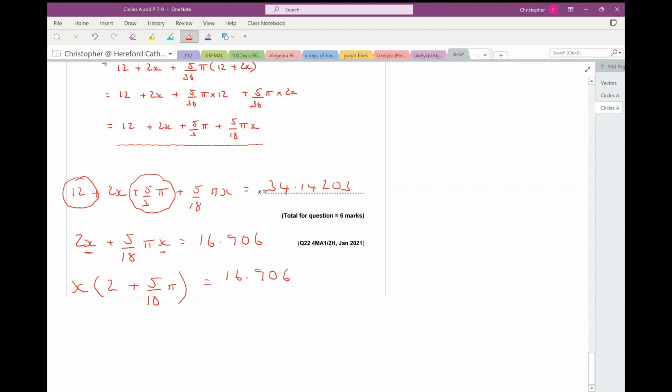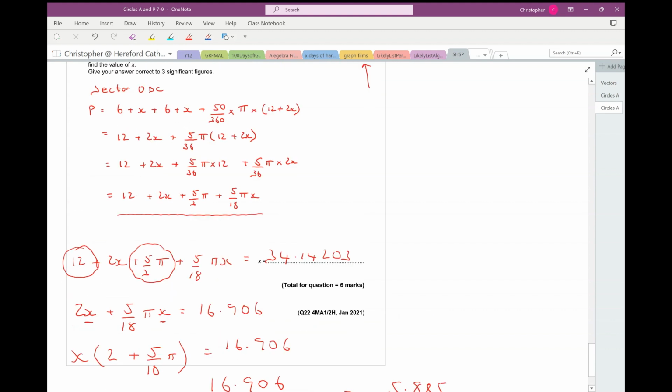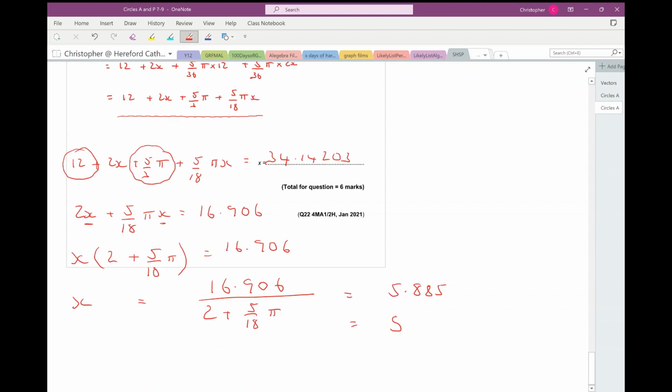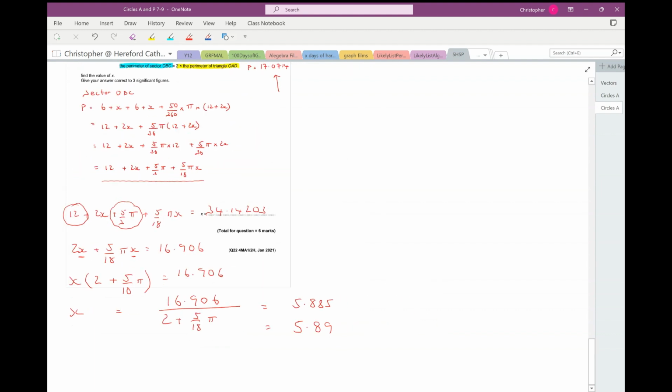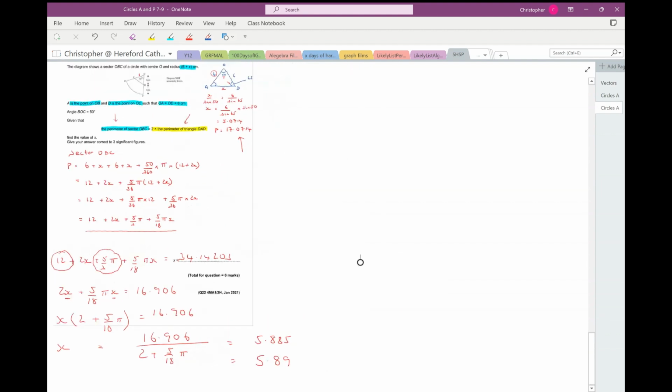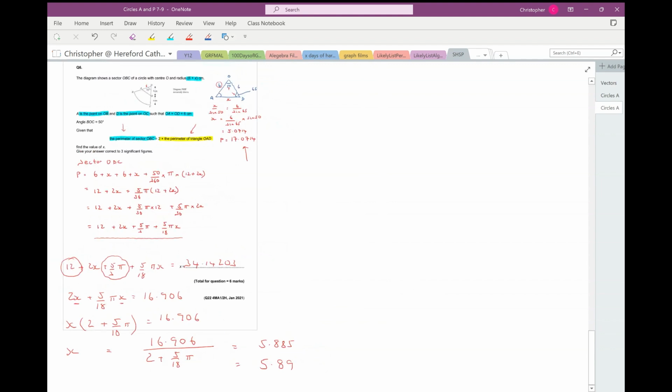So now I simply have to divide both sides by 2 plus 5/18 of pi. That gives me x equal to 5.885, or as the question asks, 3 significant figures. My answer is going to be 5.89. And there is my solution for what is quite a feisty last question on the film.